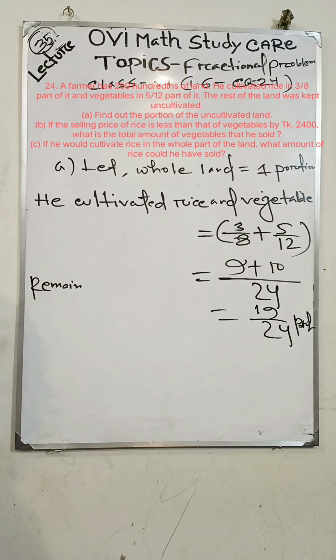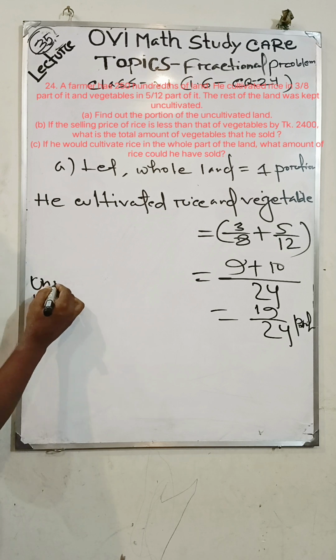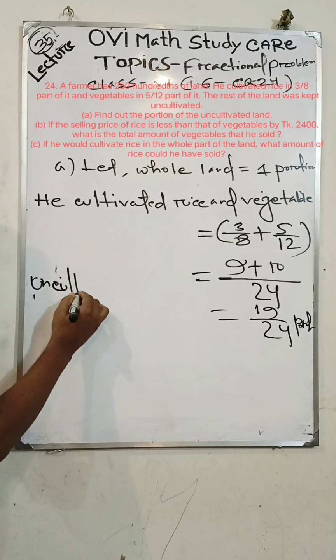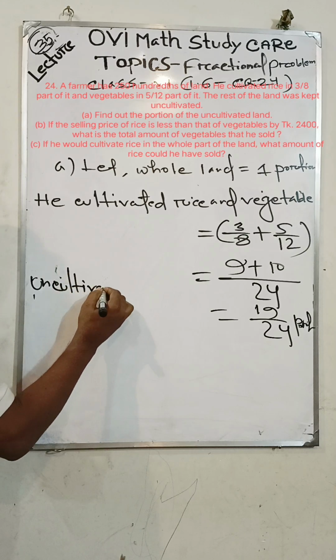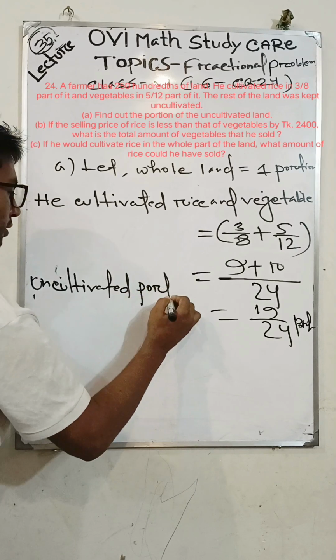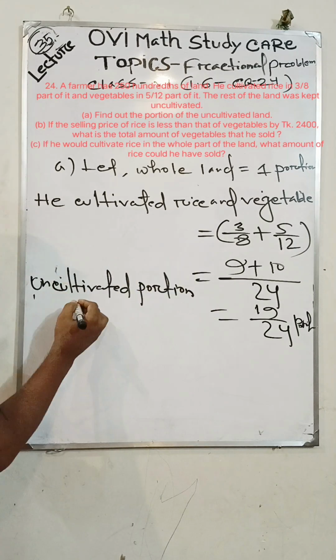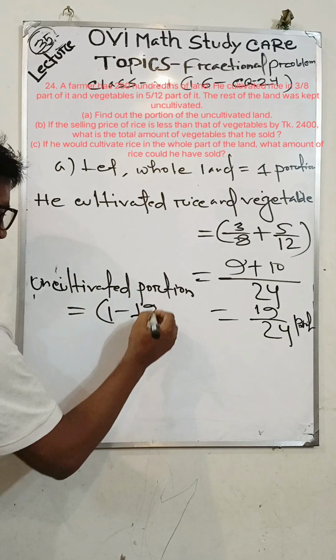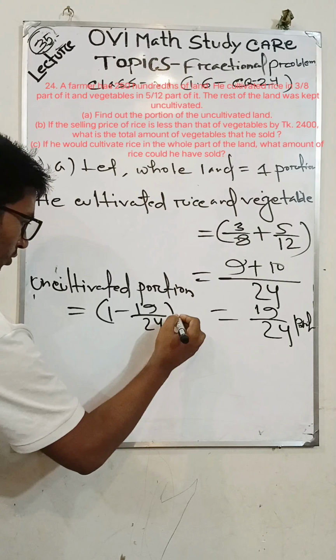The uncultivated part. Uncultivated portion equals 1 minus 19 by 24.